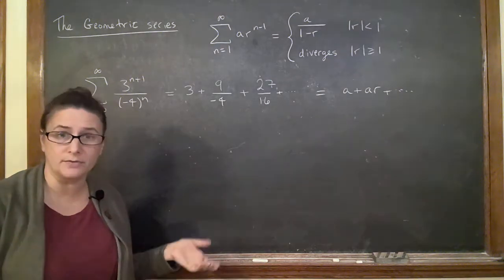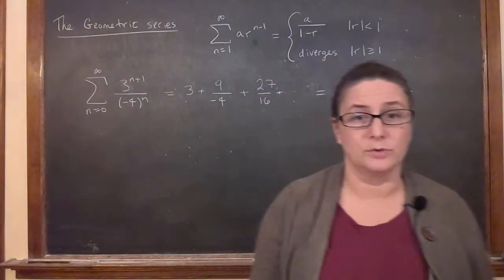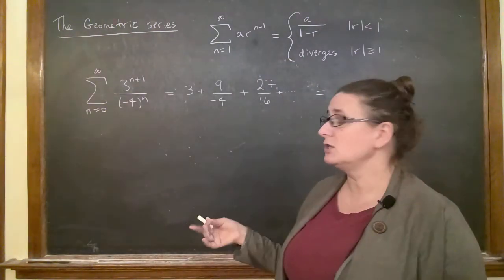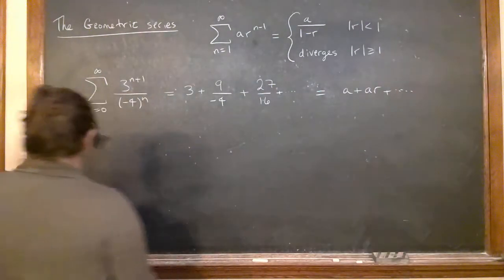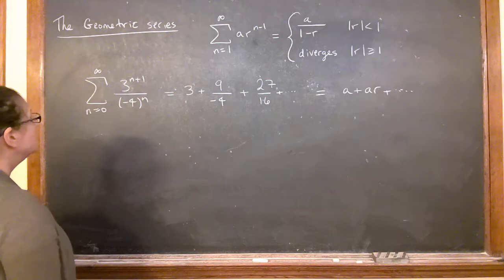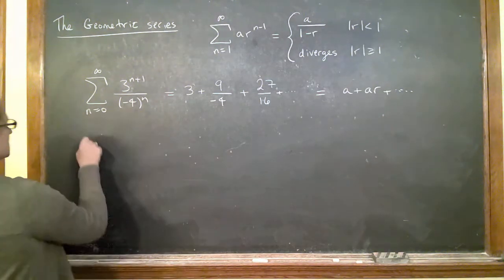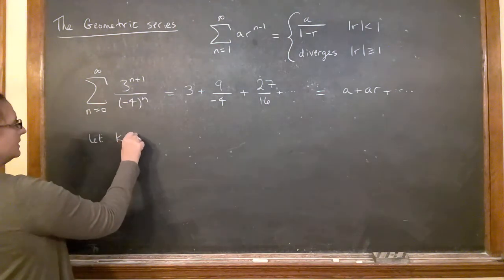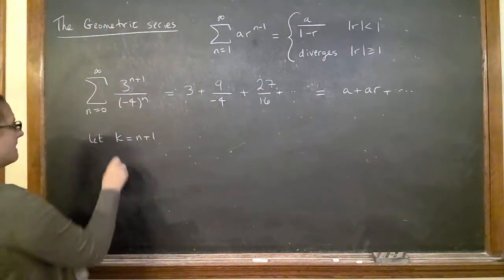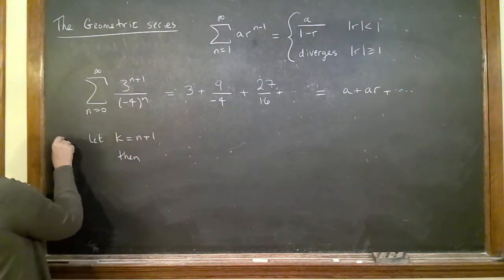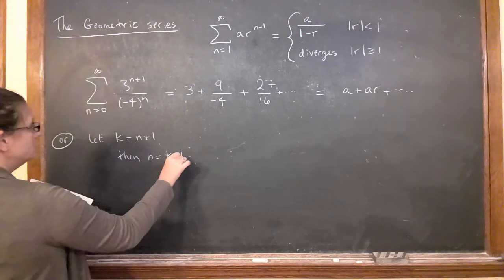I did want to show you another way, which you'll often see that we do in other situations, which is changing the index of summation, okay? Basically we want to walk it from n equals 0 to starting from 1. So I'm going to change my variable so I don't screw it up. I'm going to let k be n plus 1, okay? Then n is k minus 1.